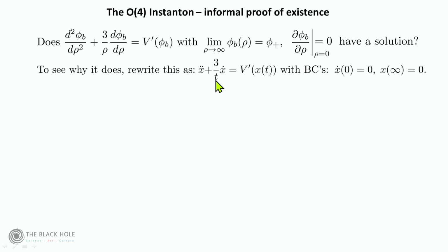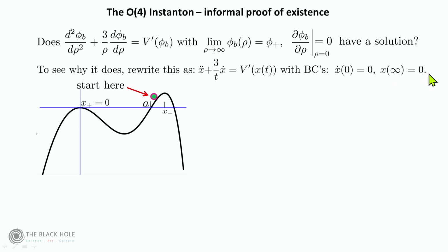So it's a harmonic oscillator with a friction term, but the coefficient of friction becomes less and less as t becomes larger and larger. So we want to look at it from that point of view without compromising on the mathematics, subject to this boundary condition that at t equal to 0, the speed is 0, and after a long time, x of infinity is going to be 0. Okay, now does this equation have a solution? So a picture will help.